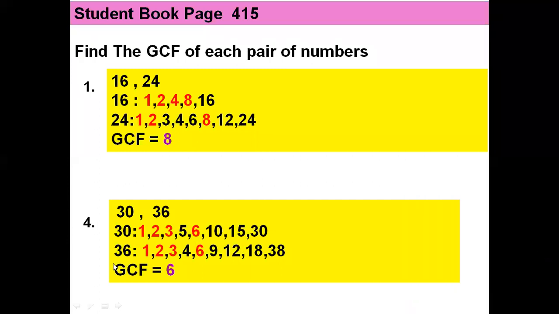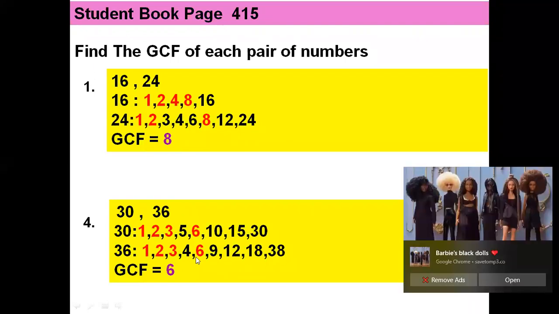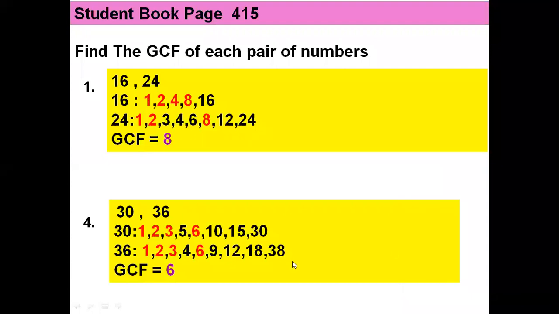What are the factors of 36? 1 times 36. I made a mistake, it's not 38, it's 36. 2 times 18. 3 times 12.